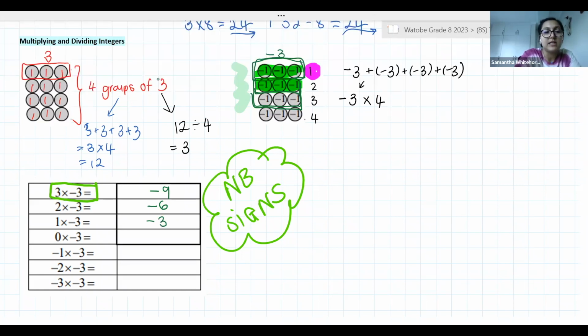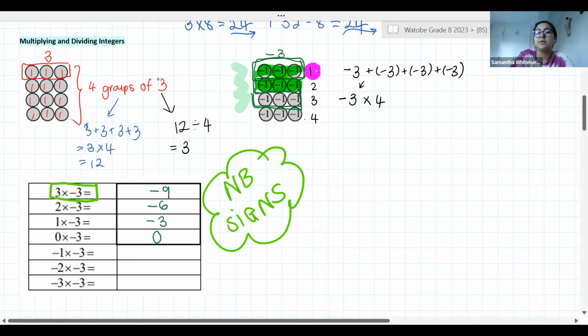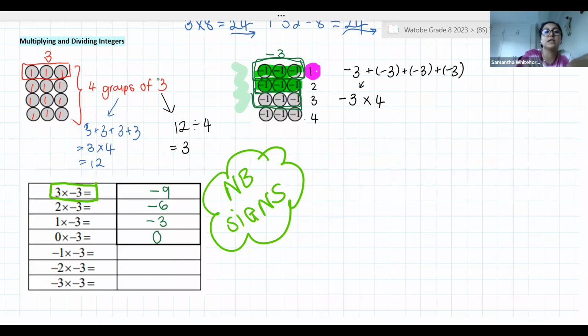Now, when we get to this idea of no groups of negative 3, or 0 times negative 3, you can look at it in a bunch of different ways. If you have no groups of negative 3, you've got 0. If you think back to your multiplication rules, anything times 0 is 0. So either way you look at it, we've got nothing there.